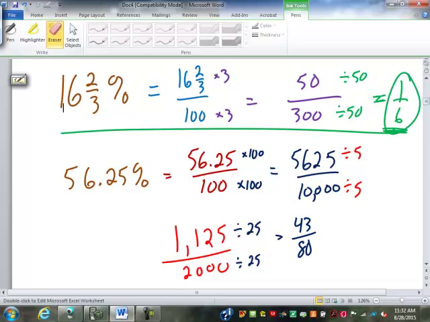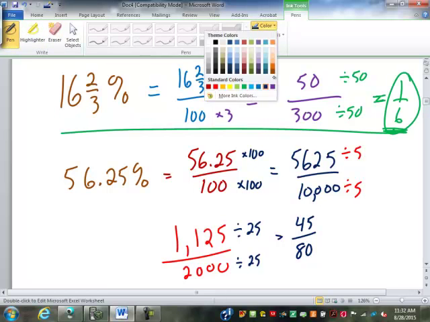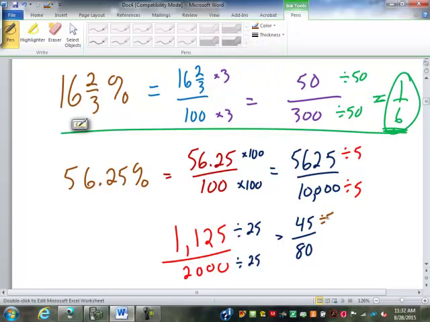No, I did something wrong. 25 is going to give us 45 over 80. Okay, then what? Still divide by 5. 9/16. That one was a little trickier, but it'll get you there.